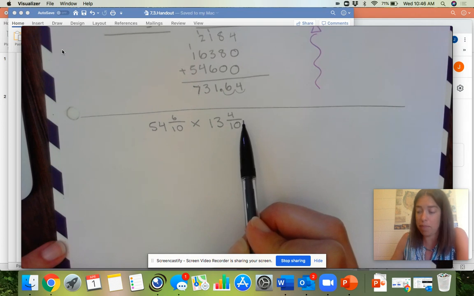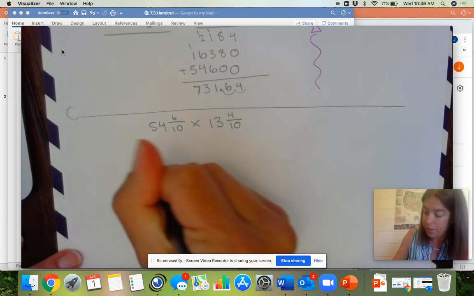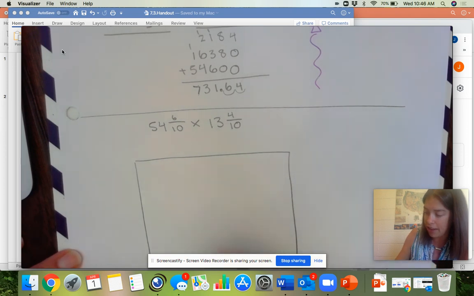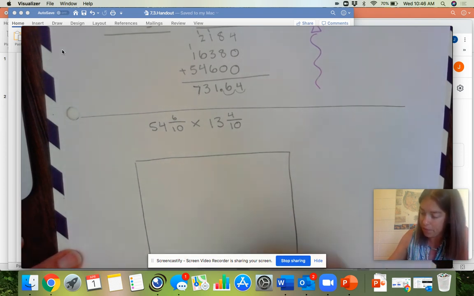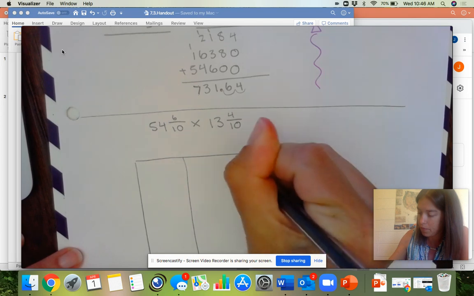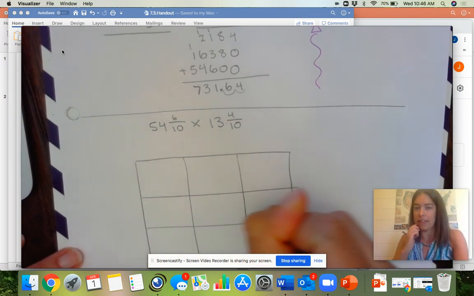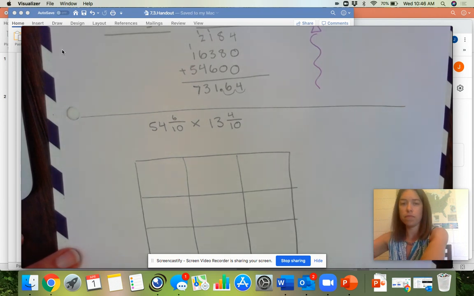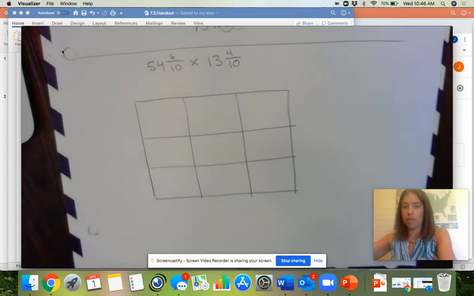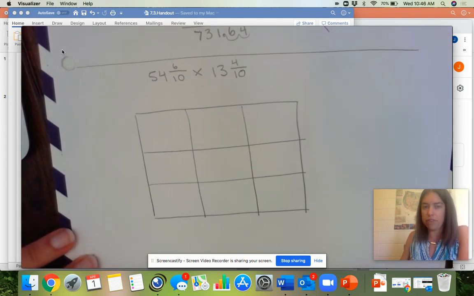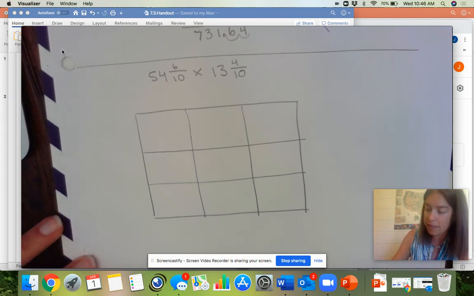So I'm going to set up an array. This way I can keep track of everything that I'm multiplying, nice and neatly. All right. In my array, let's start with our 54 6/10.